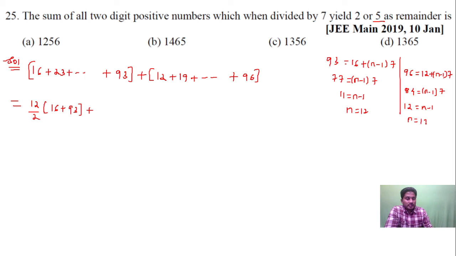So this is 13 upon 2, and the first term plus last term, that is 12 plus 96. Now this equal to 6, into a bracket, you get 93 plus 16 will be equal to 109.